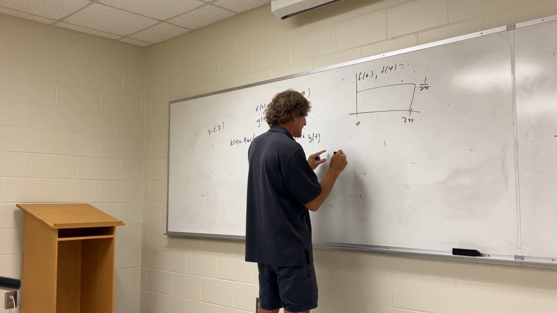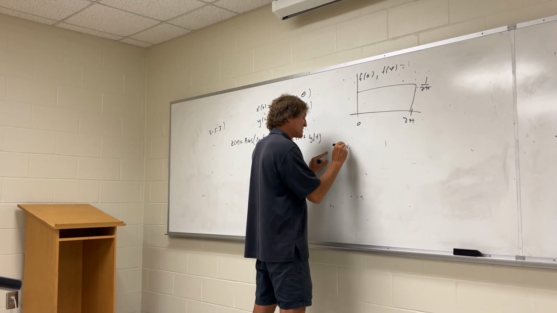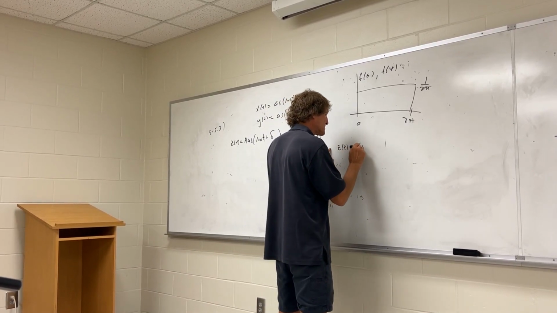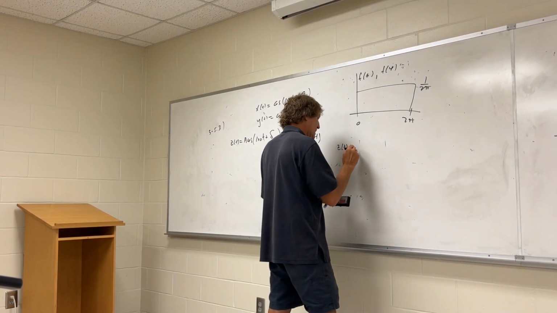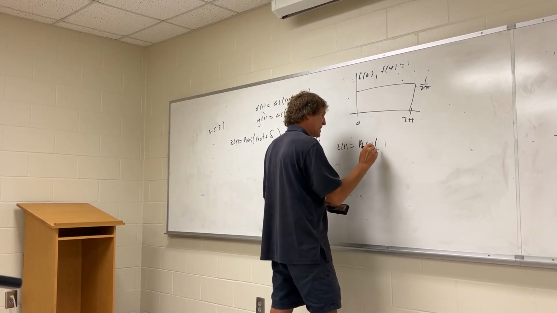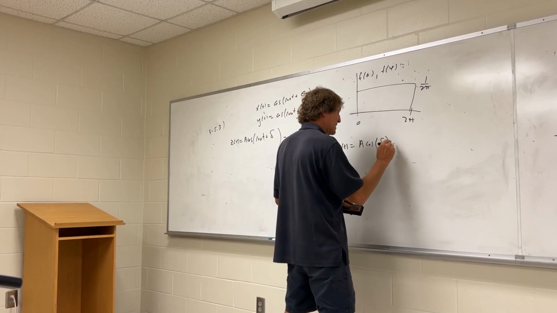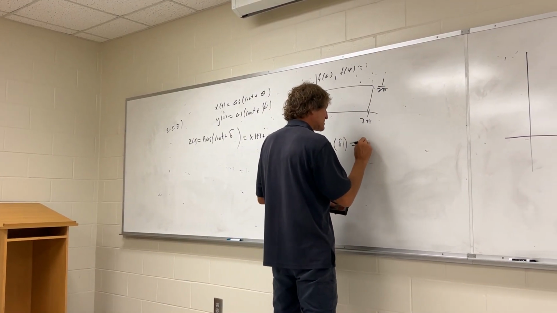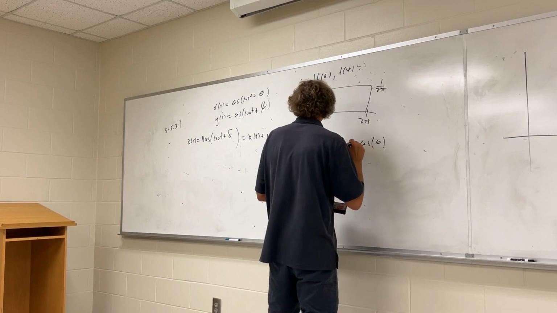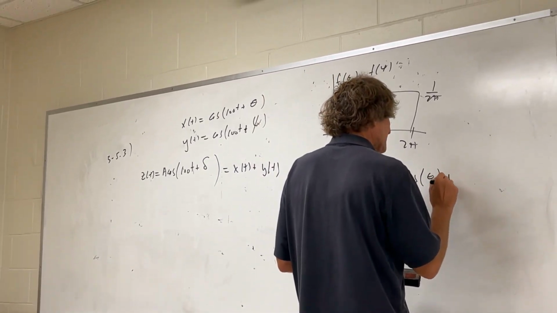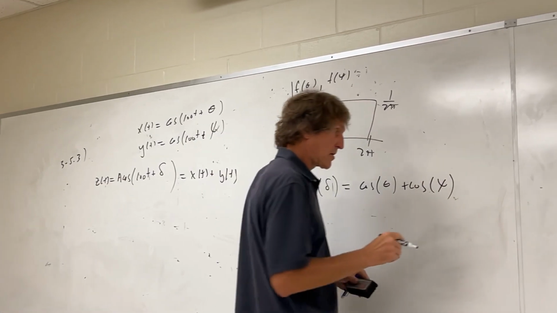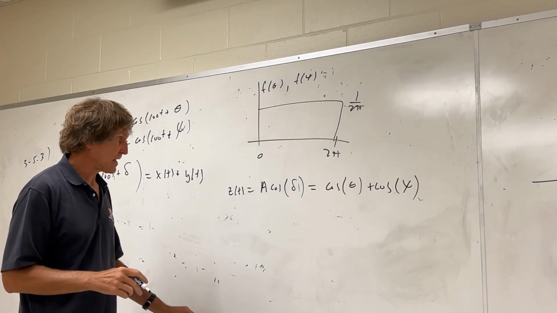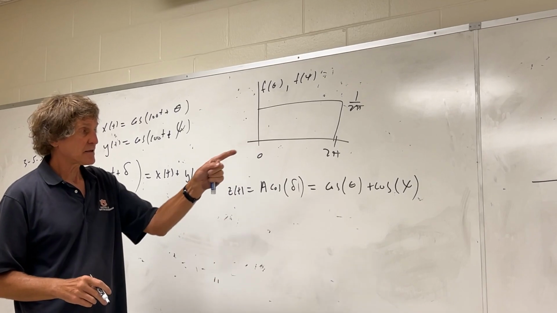I'm going to look at z of t, which is simply going to be a times cosine of gamma, equal to cosine of theta plus cosine of psi. All right, I'm going to show you something, but we're going to take it in the complex plane.